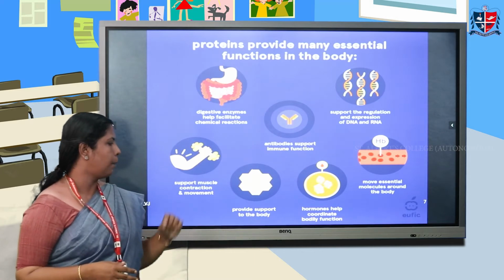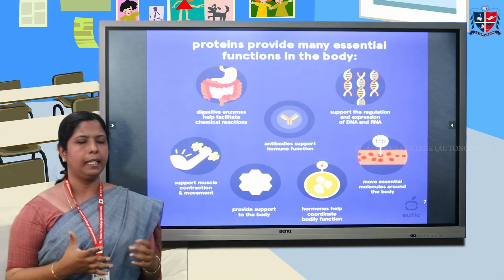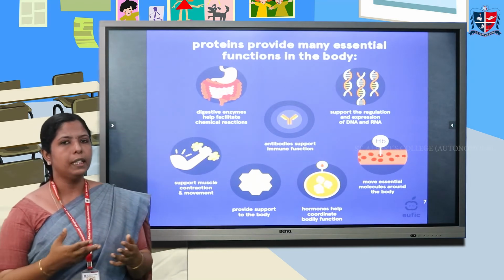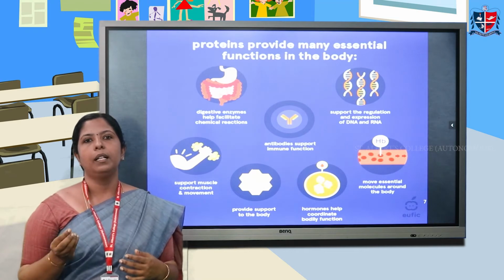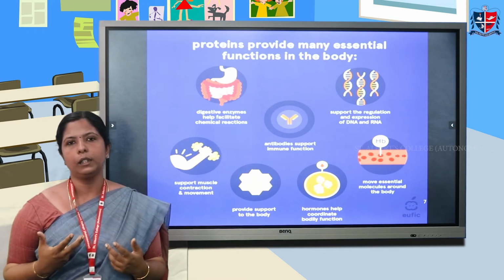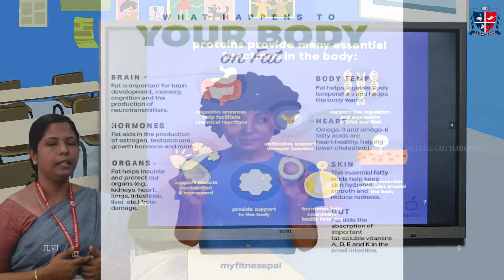Then it provides support. Other than that, even the hormones are synthesized mainly from the protein type of food we eat. And even the hemoglobin, the globin part, which carries our oxygen, is also a sort of protein. And then the immunoglobulins as well.